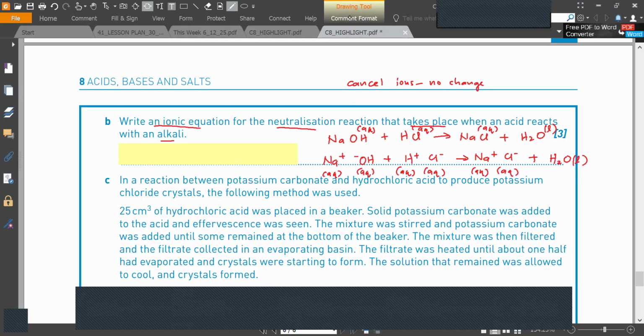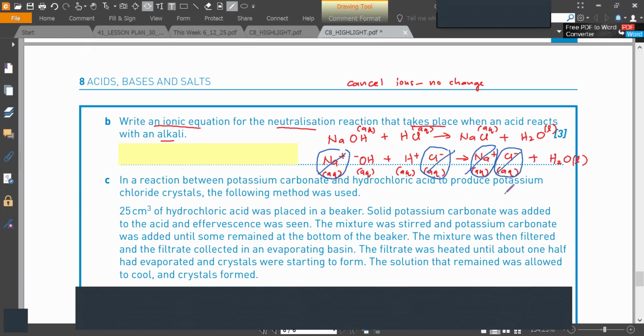So we can find the ones that have no change: sodium ions, before and after, they are the same. So we cancel. Chloride also, before and after, they are the same, no change.